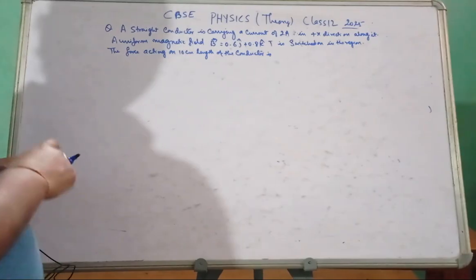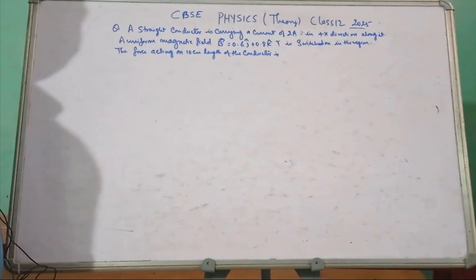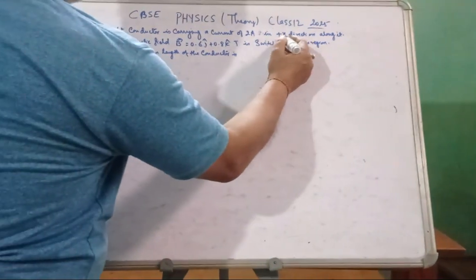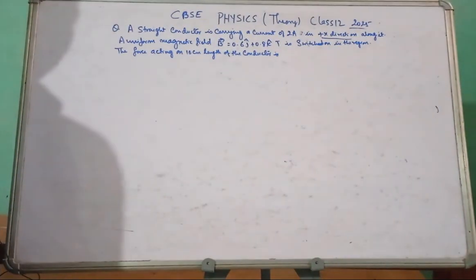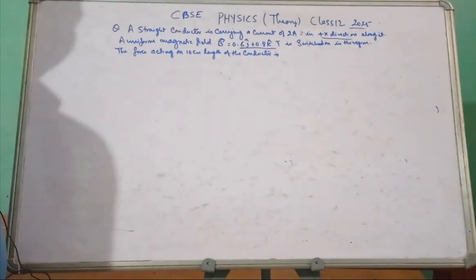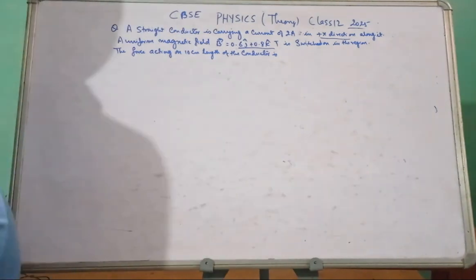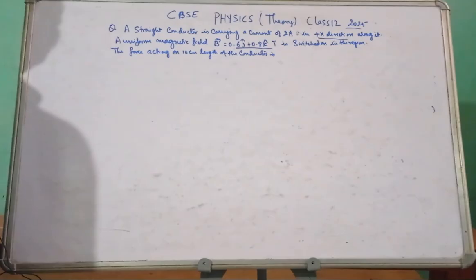Now here a straight conductor is carrying a current of 2 amperes in the positive x direction. A uniform magnetic field in the y and z directions is switched on in the region. Find the force acting on a 10 centimeter length of the conductor.